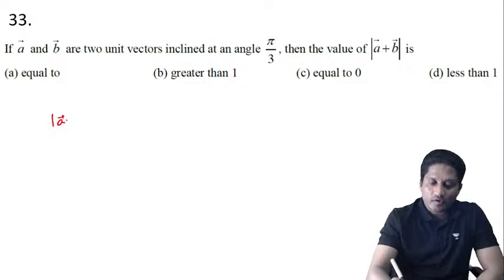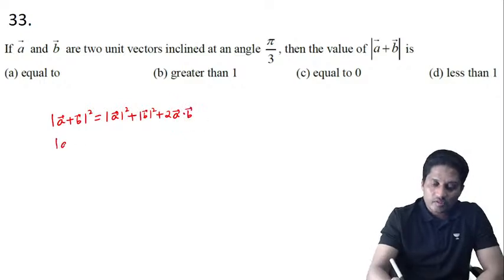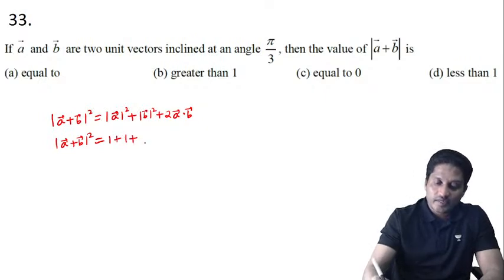See, I'll take mod of A plus B the whole square, which is mod A square plus mod B square plus 2 times A dot B. A and B are two unit vectors, so this is 1, this is 1. A dot B is equal to mod A into mod B into cos theta, that is cos of pi by 3.